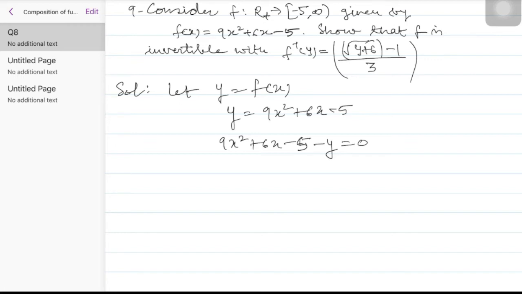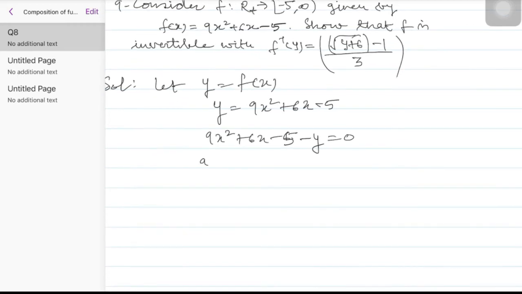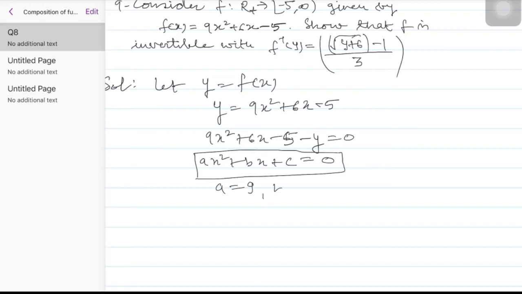Now comparing this equation with the standard quadratic equation, which is ax square plus bx plus c is equal to 0, this is the standard quadratic equation. We will get a is equal to 9, b is equal to 6 and c is equal to minus of 5 plus y.